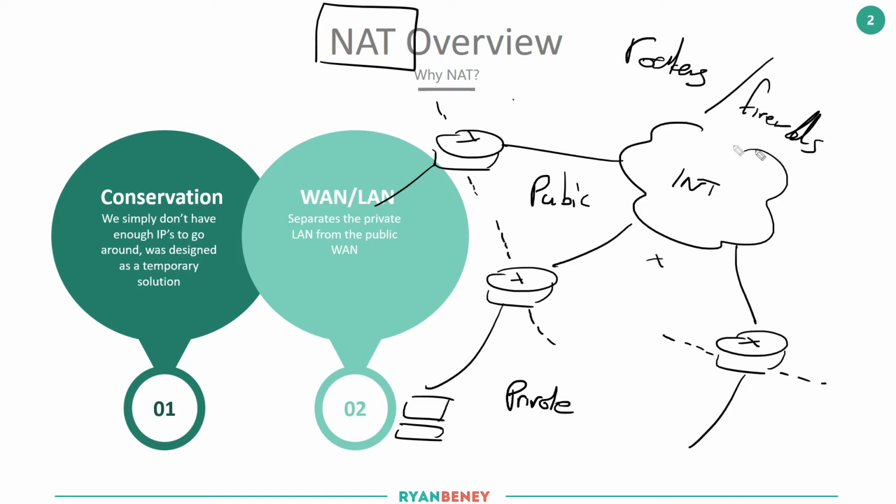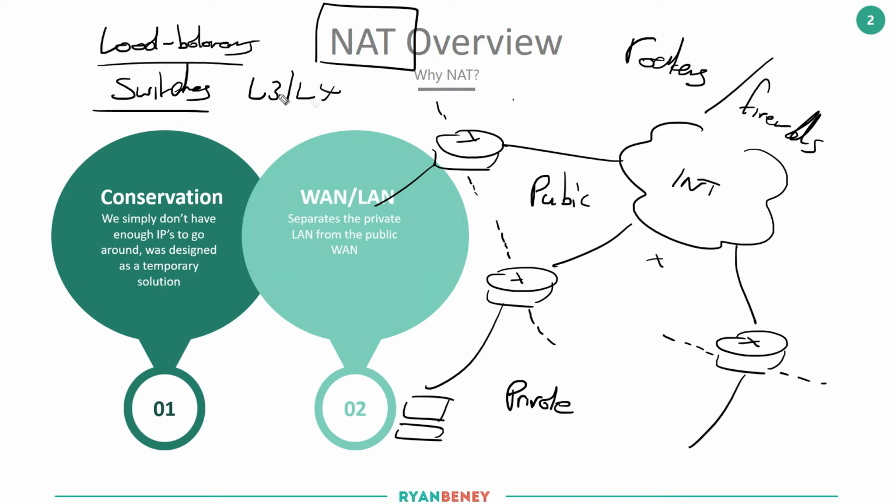That's where you primarily see it, but I have also seen it on devices like load balancers, which is obviously outside of the scope of the CCENT, and I've even seen some makes and models of switches that are kind of layer 3 or layer 4 switches also perform NAT, network address translation. So it kind of goes back to a separation of where that public and private meet and what device is performing the NAT.